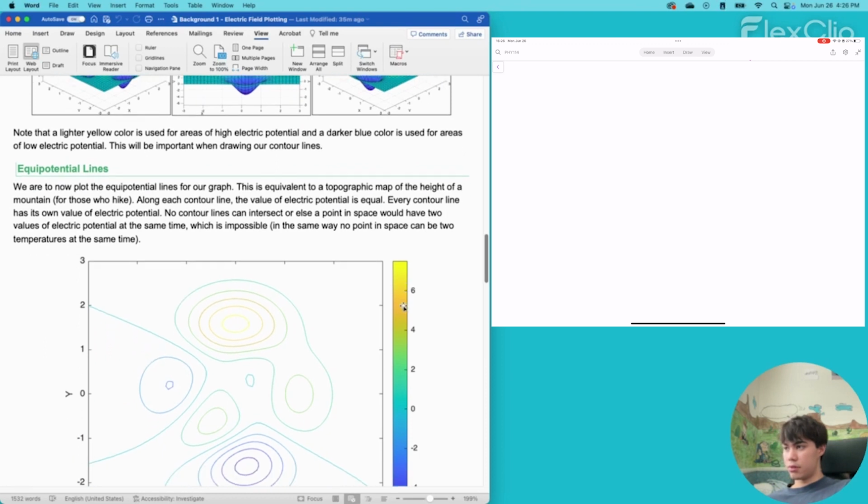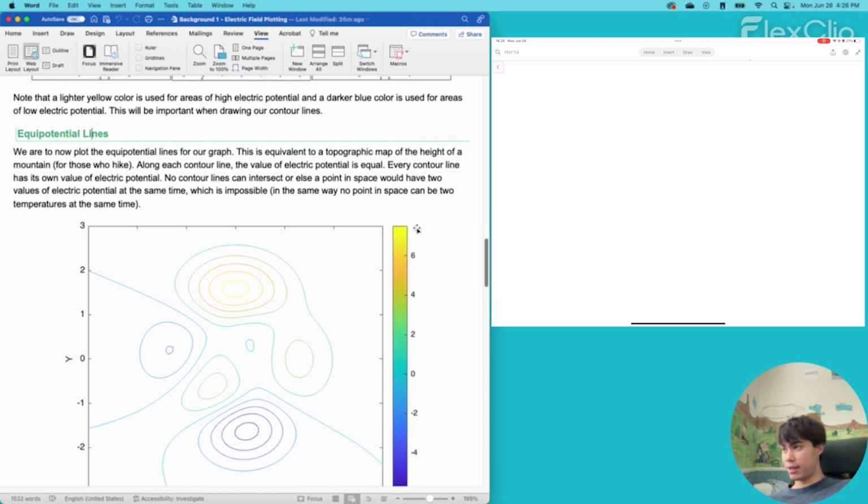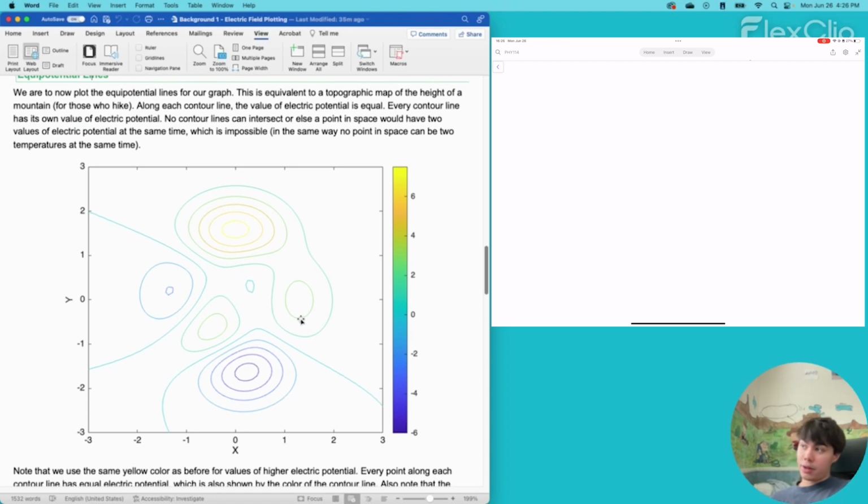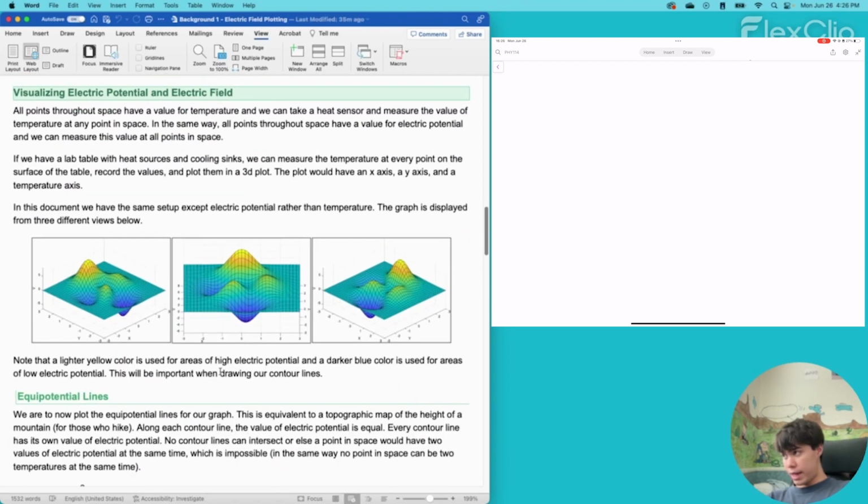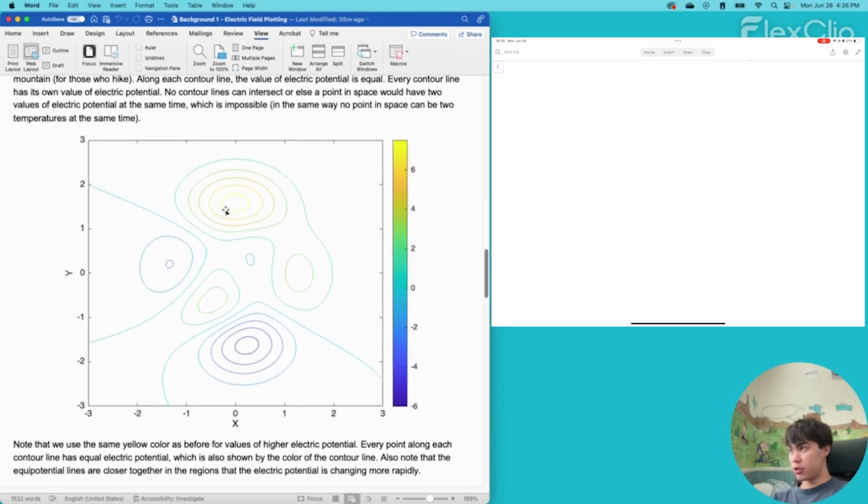We can see with this graph legend that this yellow line is 6 volts along the entire line. It is 4 volts along this entire line, or whatever. Maybe this is like 5, and then this is like 4, and then this green one is like 3, and then 2, and this is also 3. So we can tell that it's higher over here and lower over here. These are equipotential lines of our electric potential. Equipotential lines are drawn here.